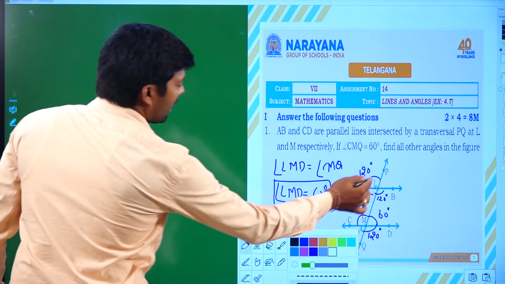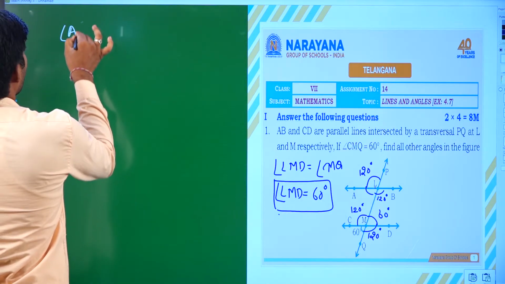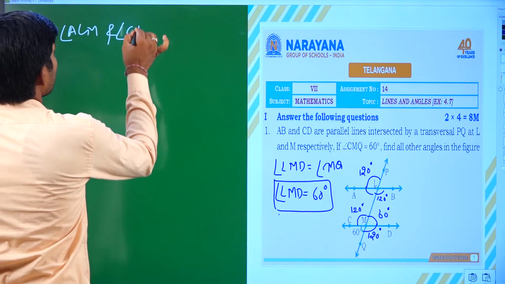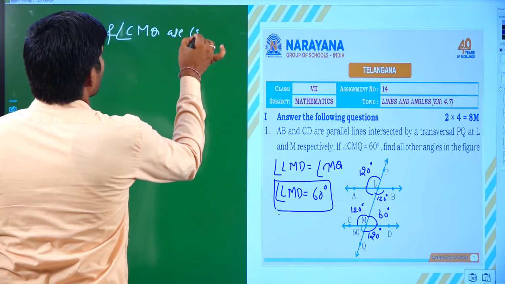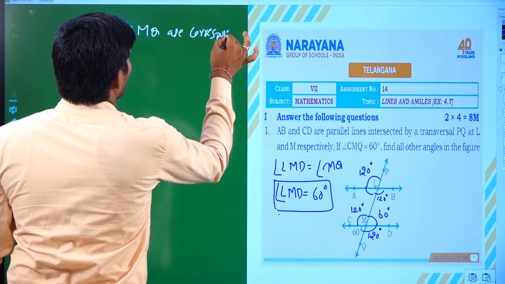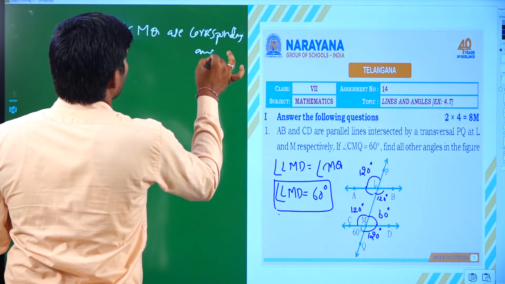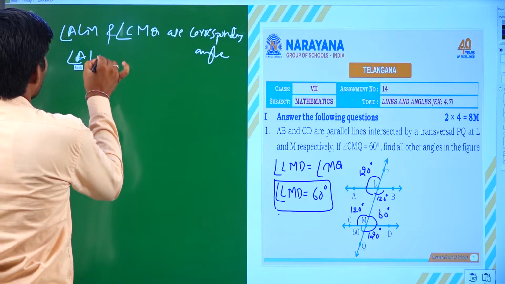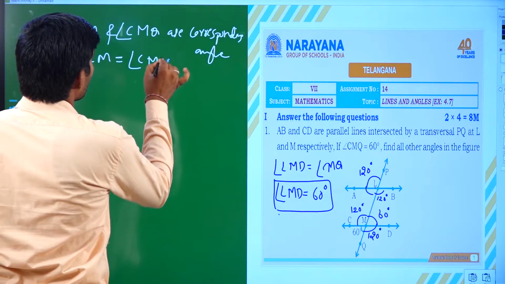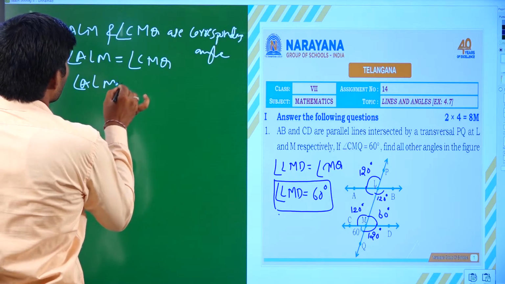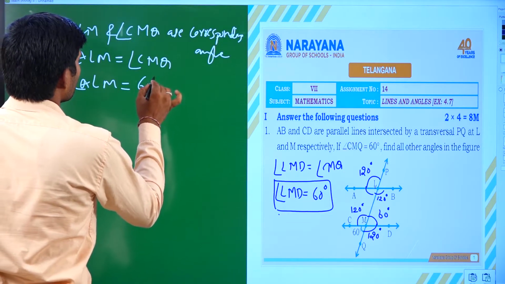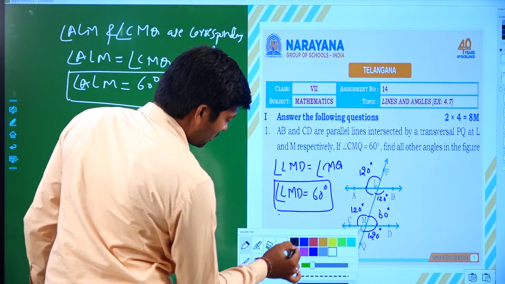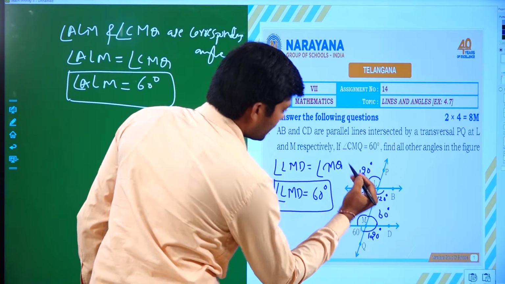Corresponding angles means these two are equal. So I can take angle ALM is equal to angle CMQ. What about angle CMQ? As everybody knows, that is 60 degrees. So angle ALM is also 60 degrees.